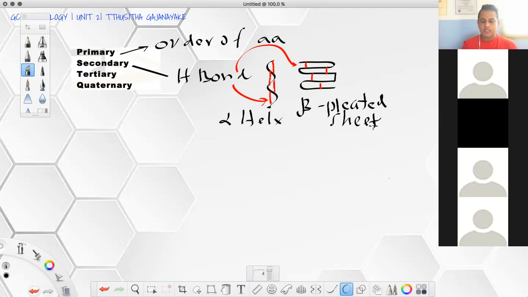An example is a protein called keratin, where we can observe the structure very nicely. It's in our skin layer and hair. They have this keratin protein, and then silk. We can find this structure.